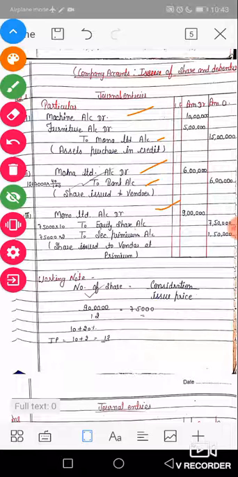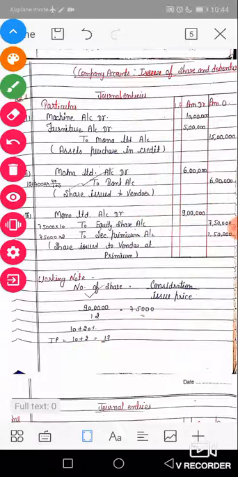The balance 9 lakh is paid in the form of share capital: Mona Limited account Dr. to Share capital and Securities premium. The number of shares formula is consideration upon issue price: 9 lakh balance upon 12 rupees, so 75,000 shares issued to Mona Limited. 75,000 into 10 is 7,50,000, and 75,000 into 2 rupees securities premium is 1,50,000. The numerical has been completed.